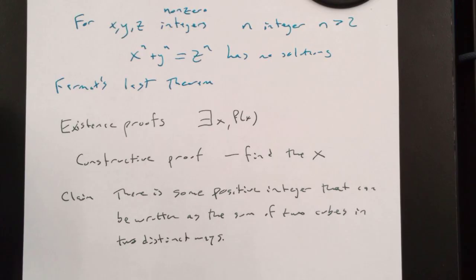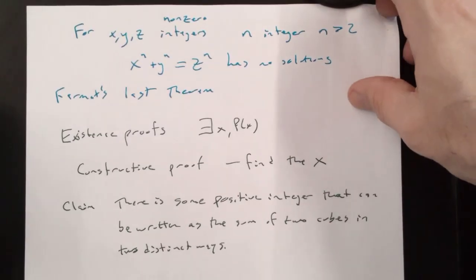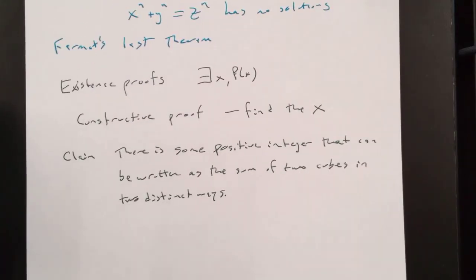There is some positive integer that can be written as the sum of two cubes in two distinct ways.